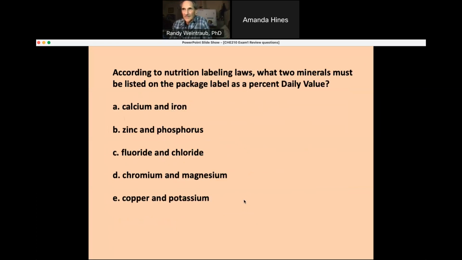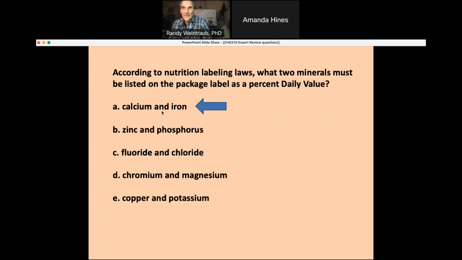Which of these need to be on a label? Required to be on a packaged food label. So all these others are trace nutrients.